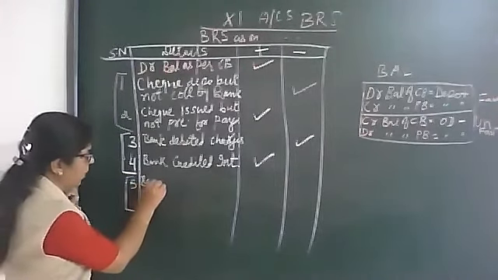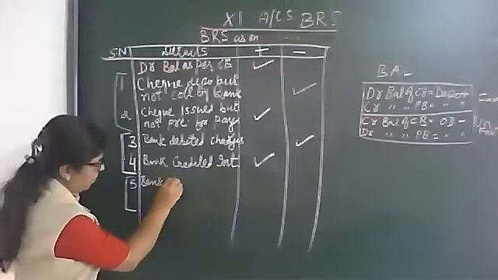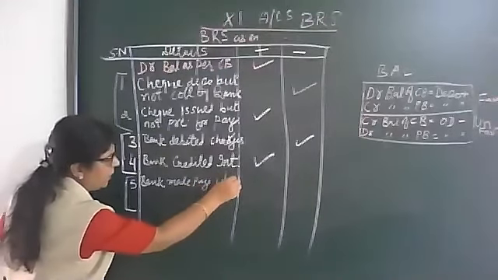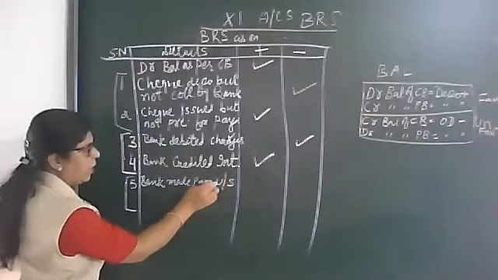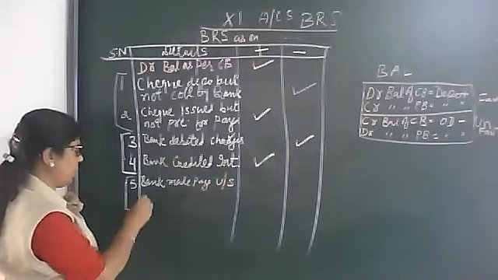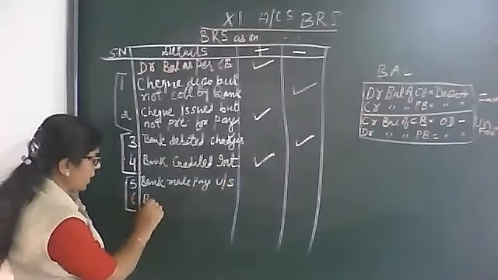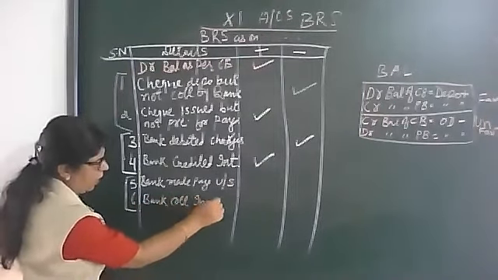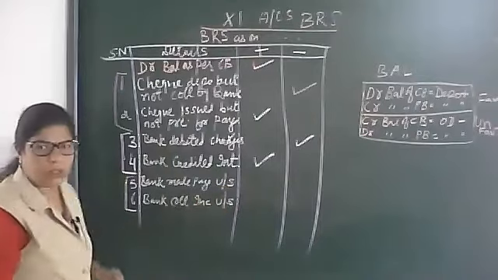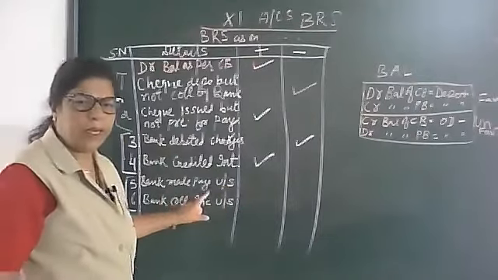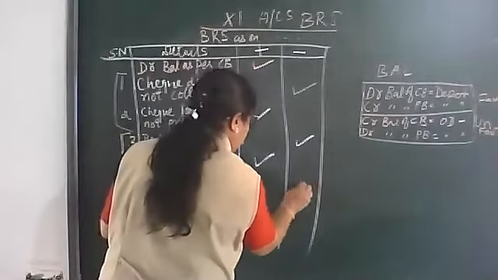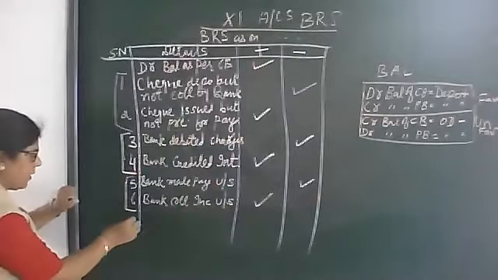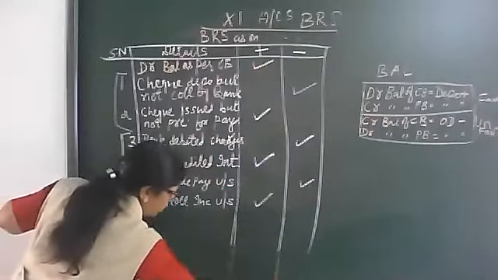Bank made payment under standing order, and bank collected income under standing order. When the bank made the payment, that is minus, and when the bank collected the income, that is plus.